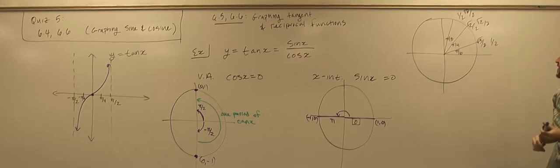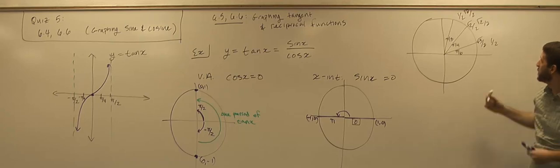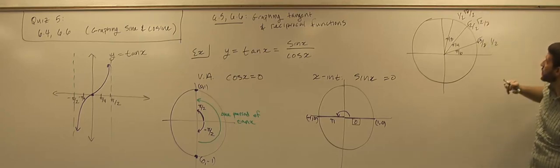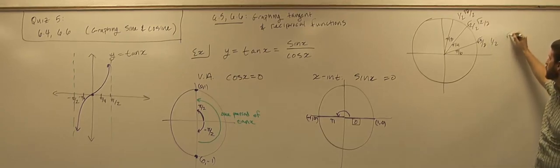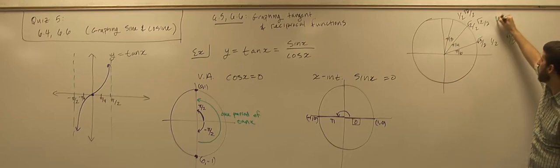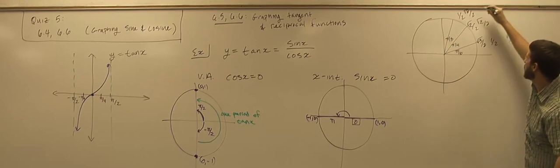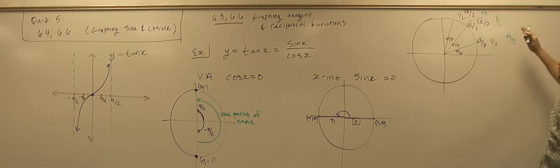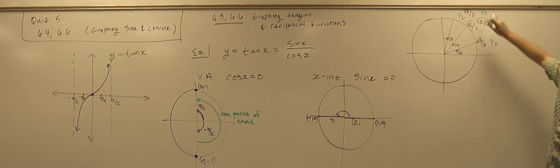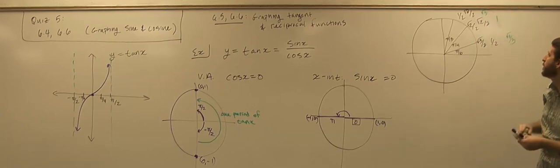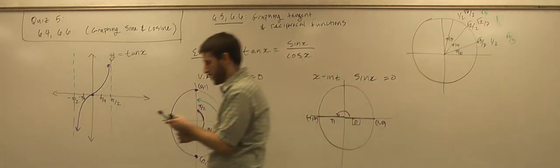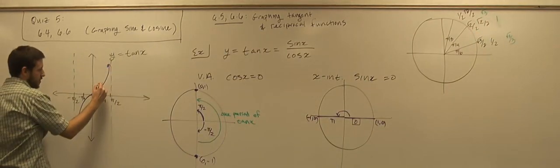In fact, the tangent values around the unit circle increase. So the first one's root 3 over 3. Then it becomes 1. And then it's root 3. So the first one's a fraction, then it's 1, then it's something bigger than 1. But that's okay, I just need pi over 4. So at pi over 4, tangent is 1.